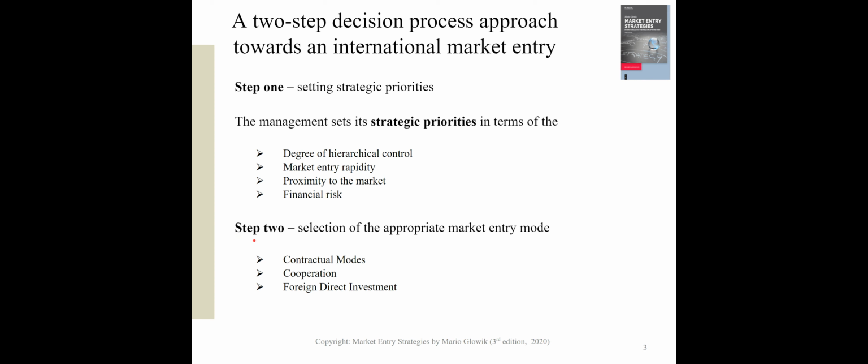And then as a second step, we will discuss recommendations in terms of the selection of the appropriate market entry mode, concerning contractual modes, cooperation, which means joint ventures and alliances, and foreign direct investment.